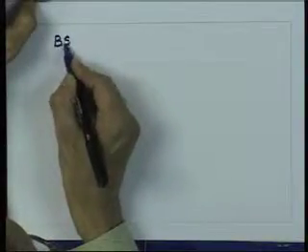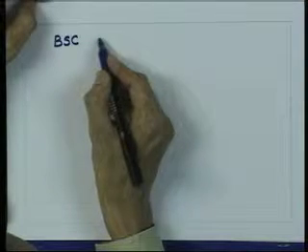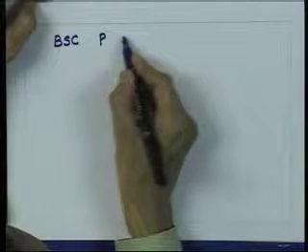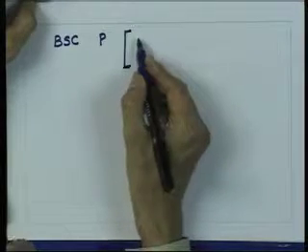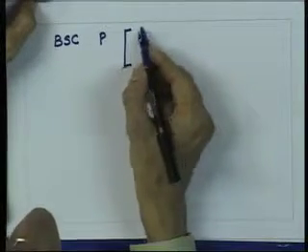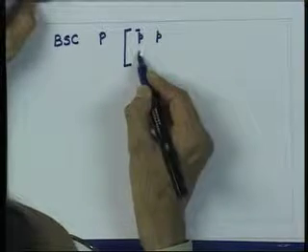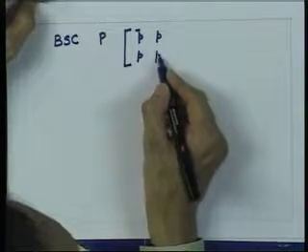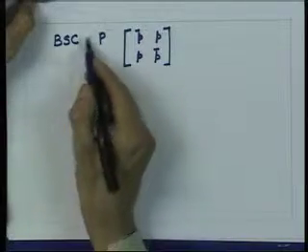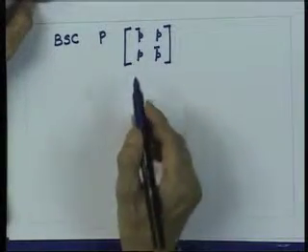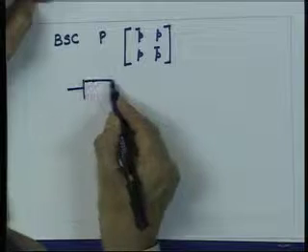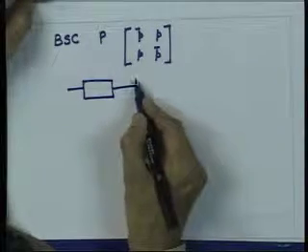Now, let us take an example of two binary symmetric channels and cascade them. So, let us assume that the binary symmetric channel is given with the channel matrix as follows. We take two identical binary symmetric channels and cascade as indicated here.